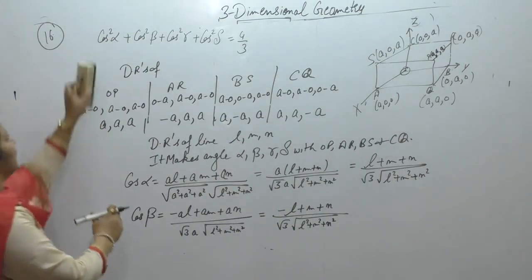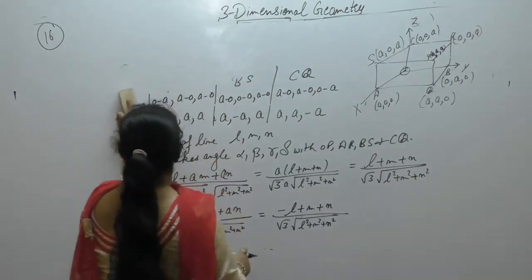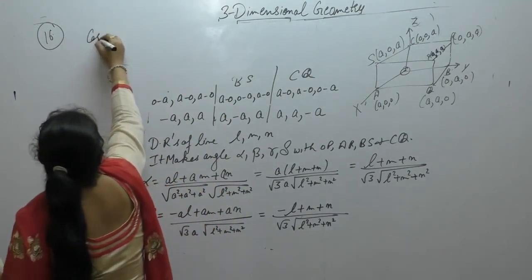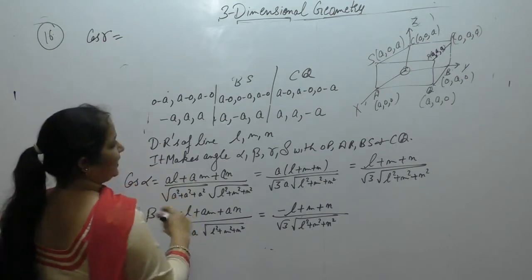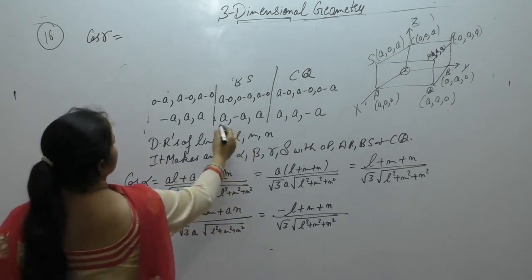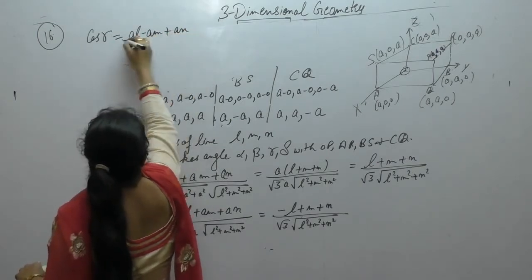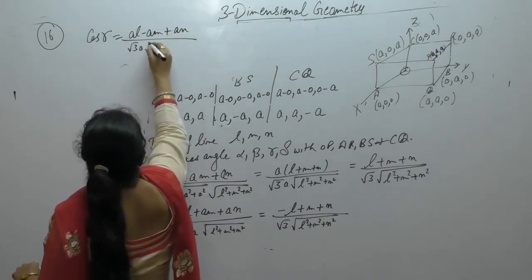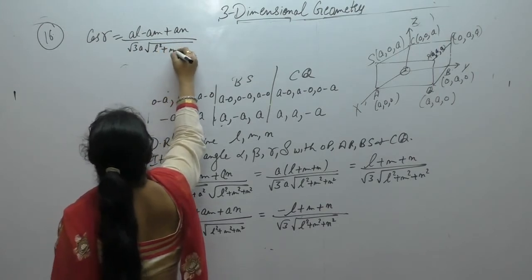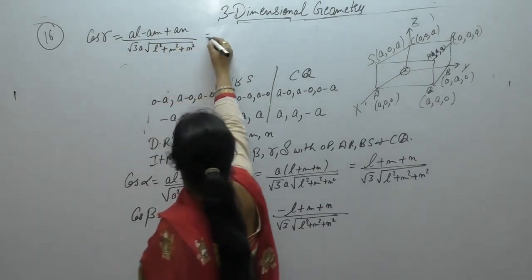Now gamma is the angle between the line and BS. So cos gamma is a into l minus a into m plus a into n upon square root of 3 a square root of l square plus m square plus n square.